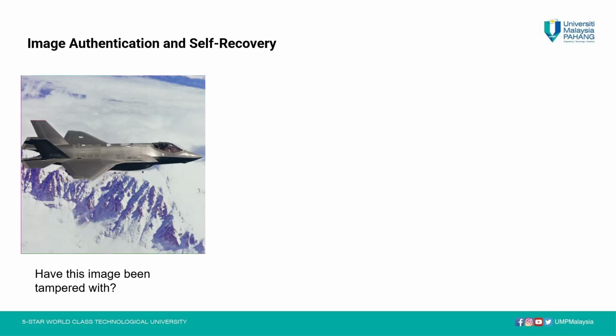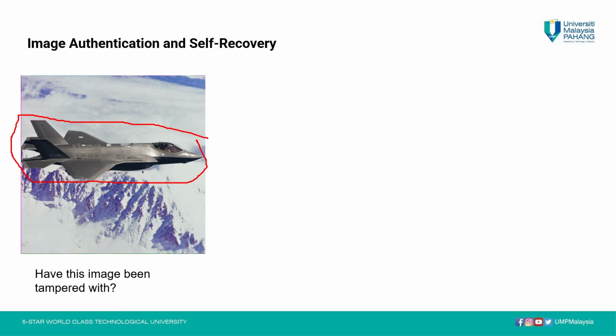So consider this image. This is an image of an airplane, and actually this image is already tampered. The actual color of the airplane is not like this. This is the tampered image of the airplane.